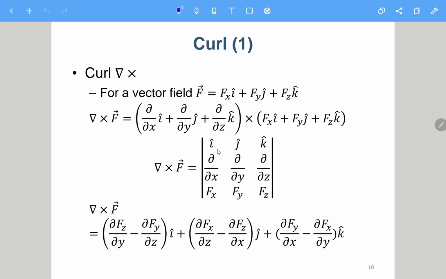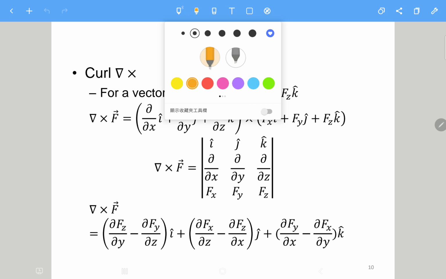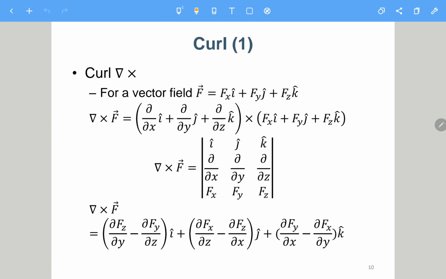Yeah, for a 3 by 3 determinant, it is possible to calculate by hand. We have the first term: i hat times partial y fz, minus partial z fy, with a positive sign.